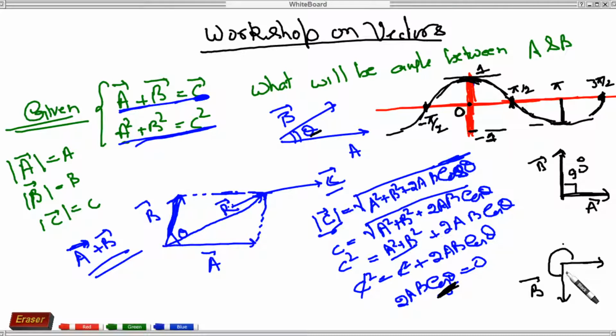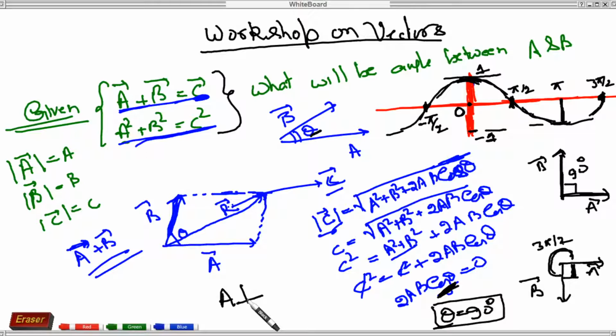This is 90 degree, but this is 3 pi by 2. This is vector A, this is vector B. So in both cases these two things are valid when theta is equal to 90 degree, meaning A is perpendicular to B.